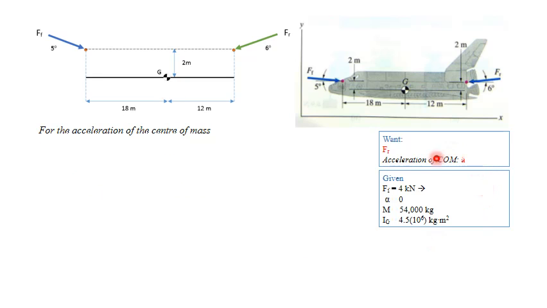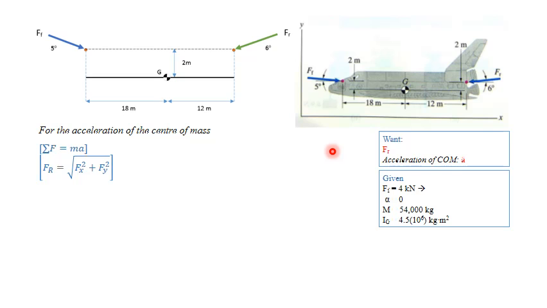For the acceleration of center of mass, for the second part of the question, once again, we know that the acceleration of center of mass is directly related to the sum of forces and the mass of the object. So that's Newton's second law. And we know from the previous question that we're going to have to find the resultant force, which is simply the square root of the sum of the squares of the x and y components.